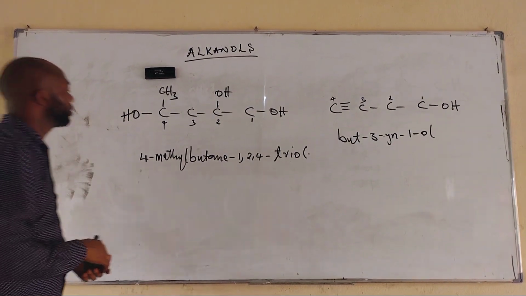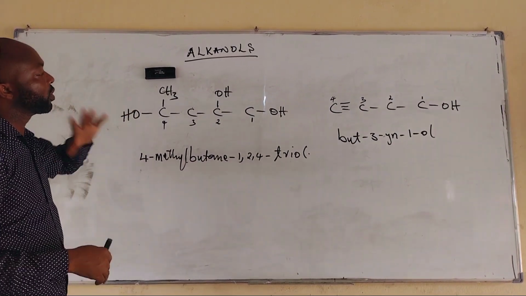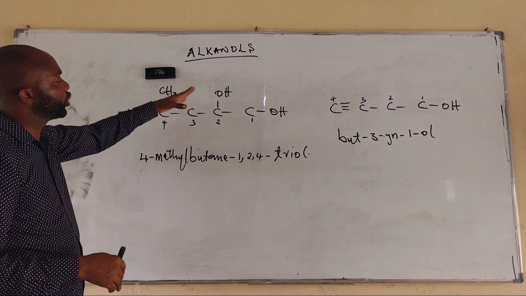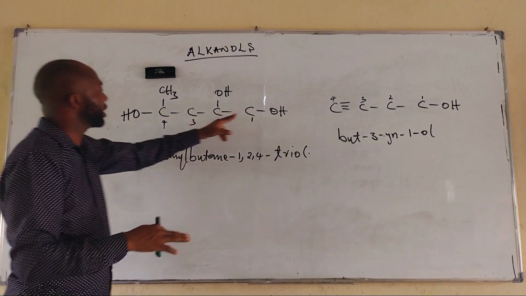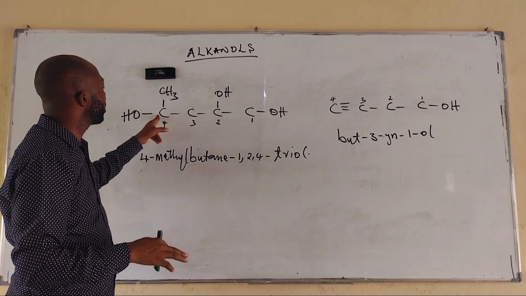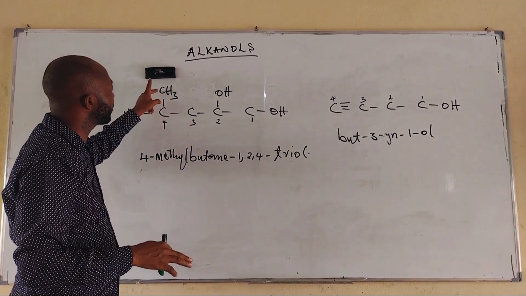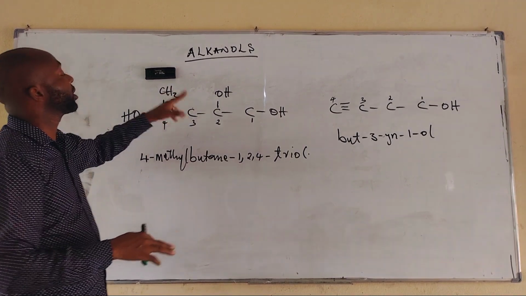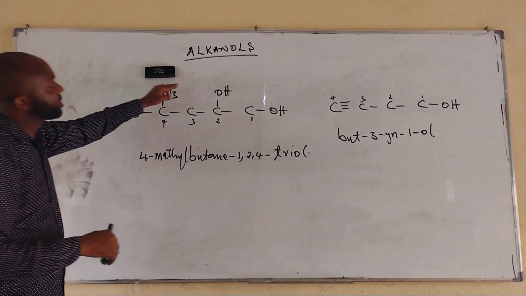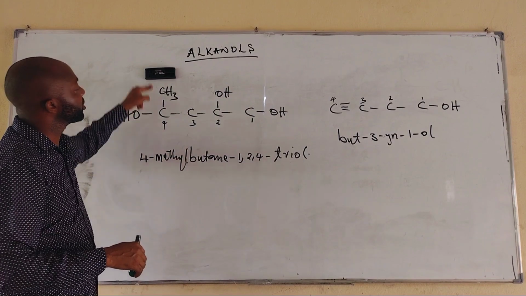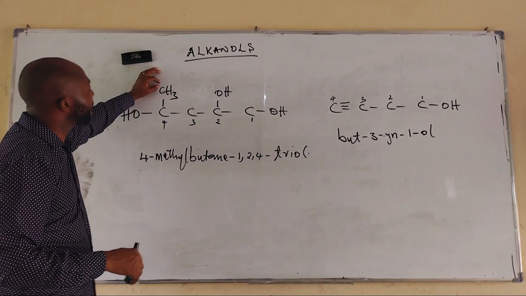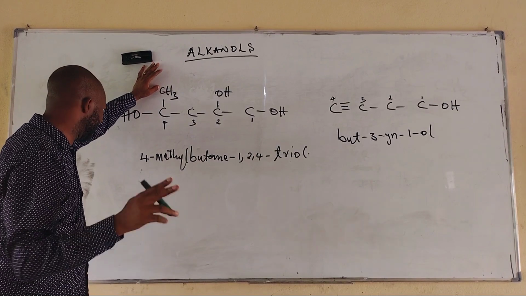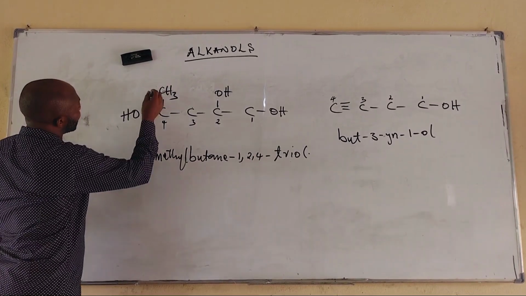First, you have to count to be certain about your parent chain: 1, 2, 3, 4. And the last carbon atom we have is CH3. Sorry, this continues; it doesn't stop here. This is the last carbon atom. It is not a substituent. That was a mistake. So this is 4 and this will be 5.